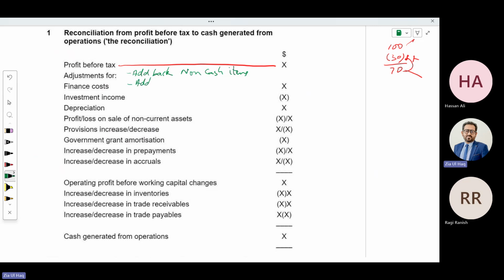We need to add back all the expenses or losses relating to investing activities. And we need to deduct incomes relating to investing activities.